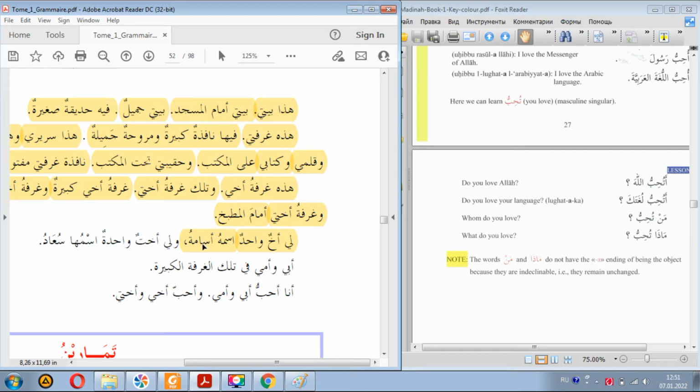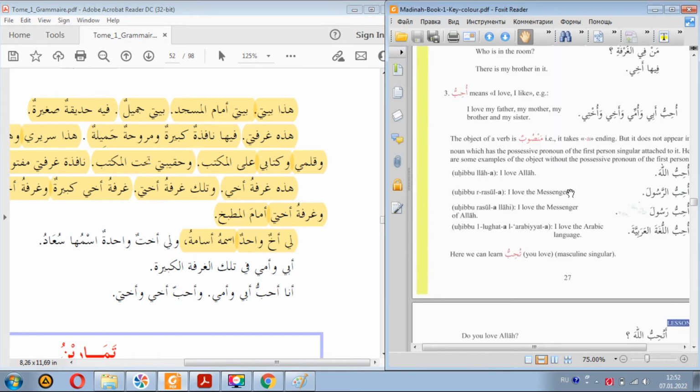It has something feminine on the outside, and therefore, as we remember, feminine proper names don't have tanween in the end. We learned this in the previous lesson.